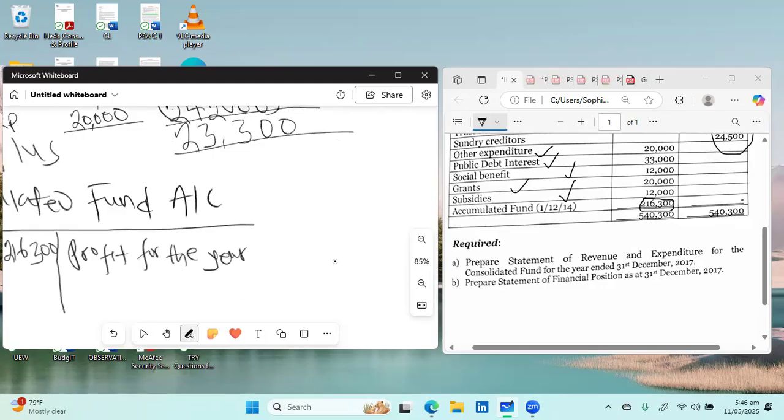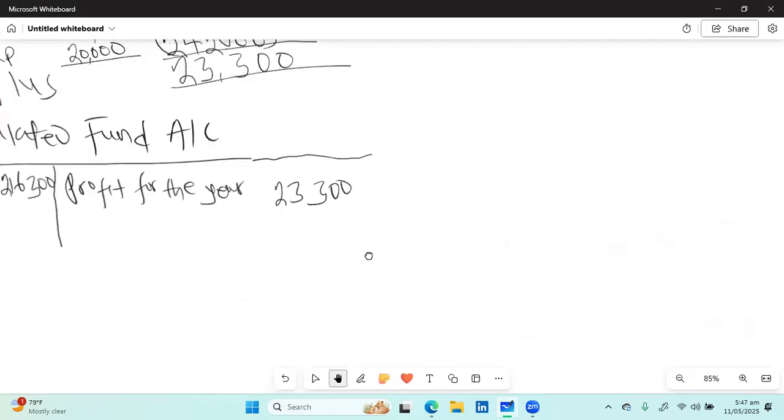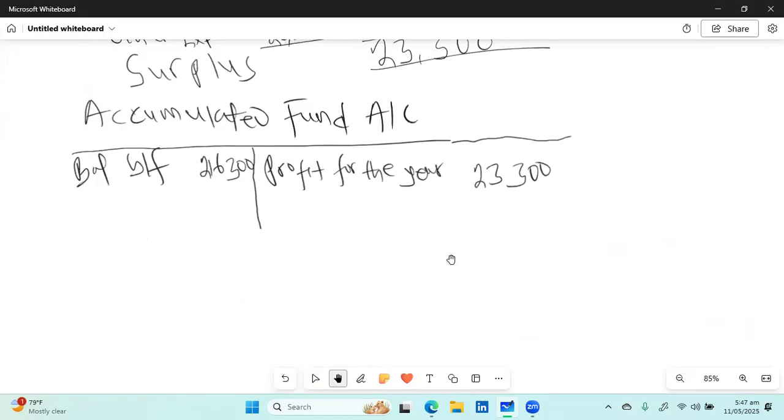Profit for the year is 23,300. So it means that we are still going to have a balance in the negative to be carried forward to the current year.